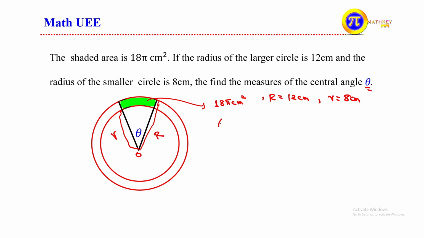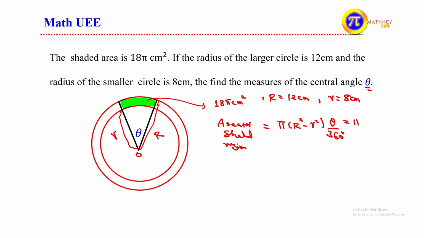Therefore, we are familiar that the area of this sector, particularly this shaded region, equals pi times capital R squared minus smaller r squared, times theta over 360 degrees. We can substitute these values.